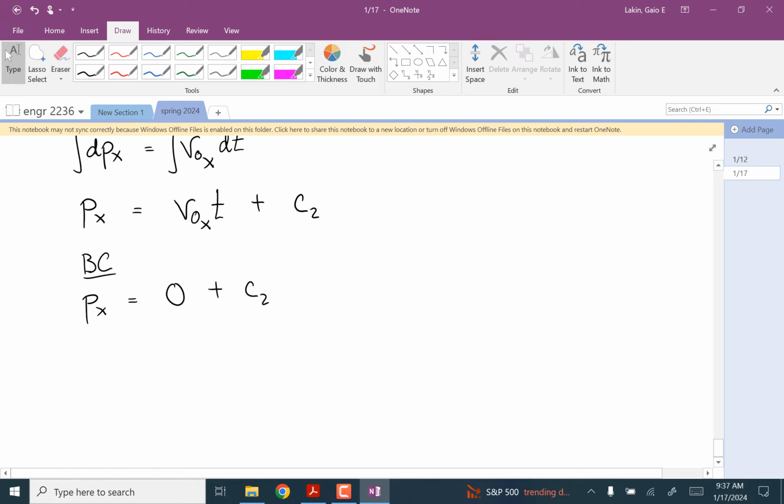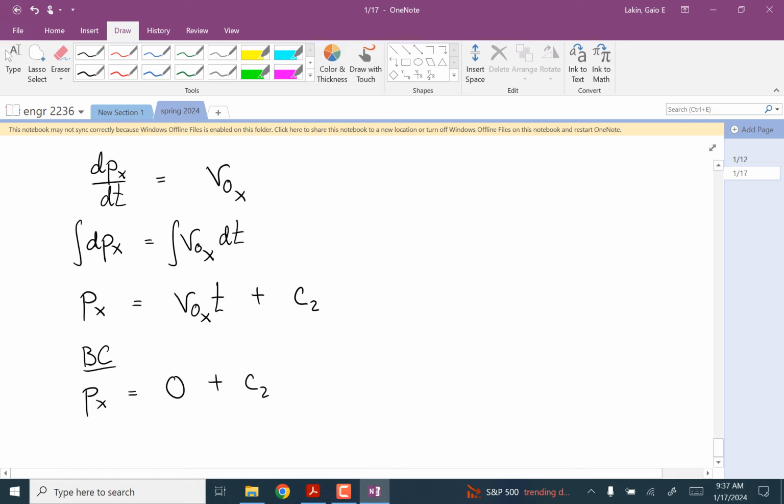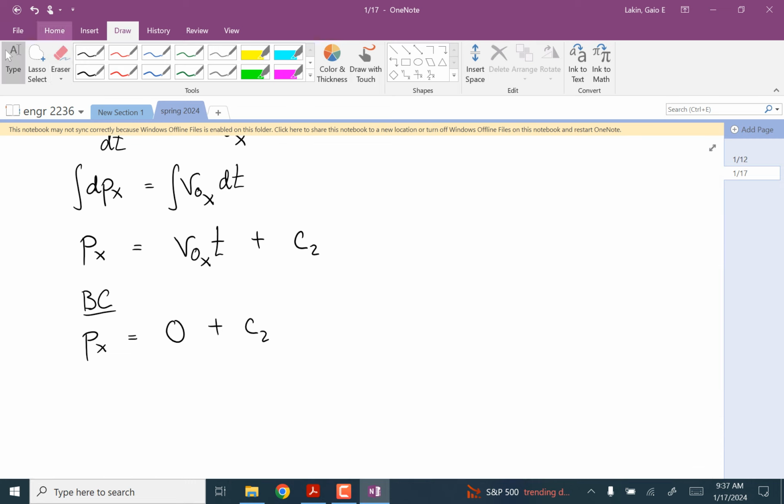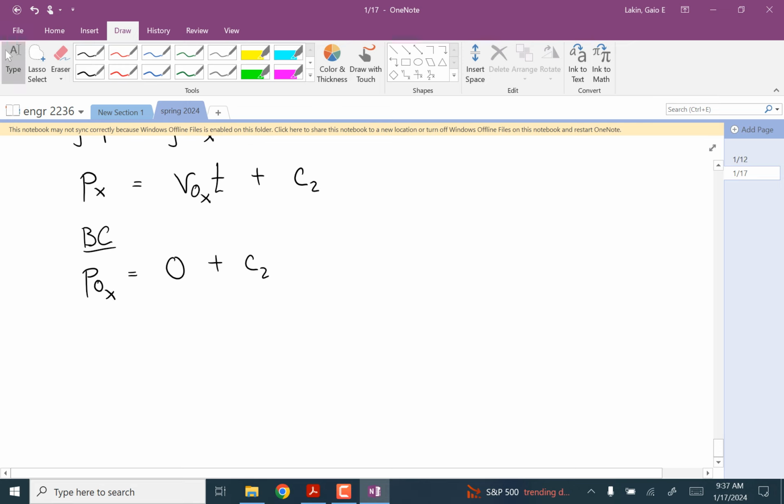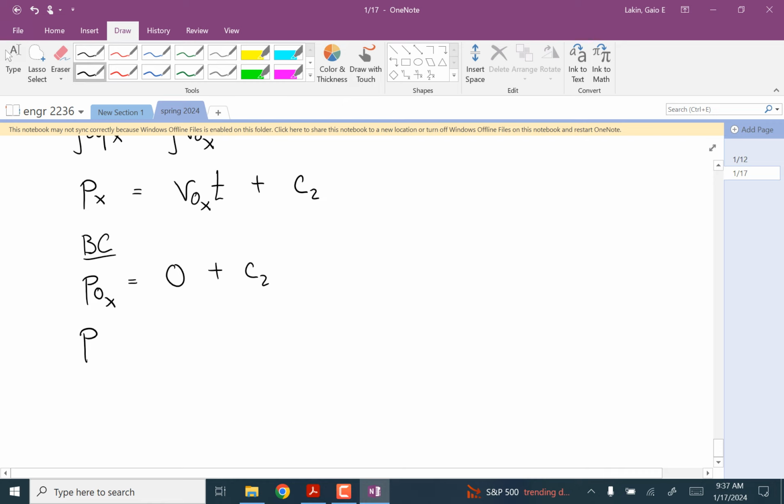And so C2 is equal to this constant P0x. And so our function Px is equal to V0x t plus P0x.